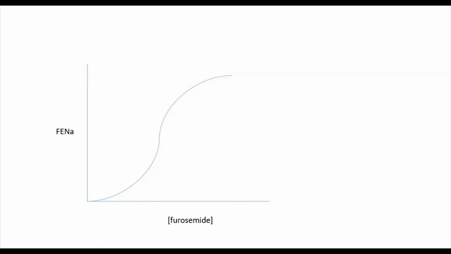So in these situations where giving high doses of intravenous bolus furosemide is relatively contraindicated, you can use the furosemide dose-response curve understanding to your advantage by giving a low but constant dose of furosemide to induce constant low-level diuresis.